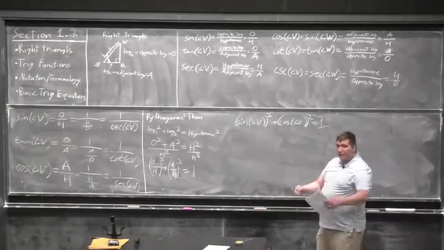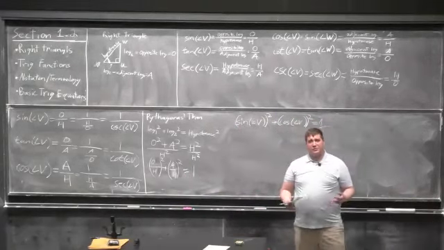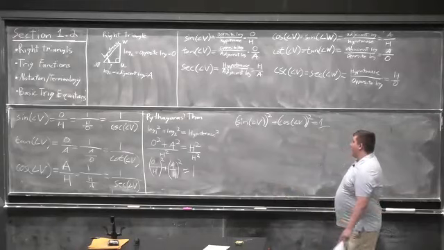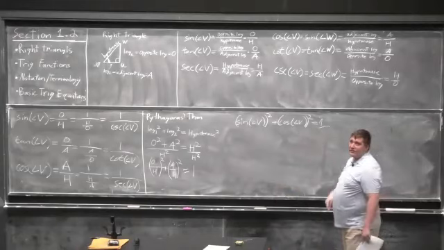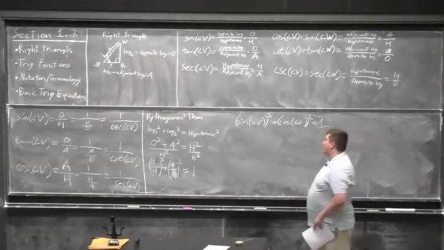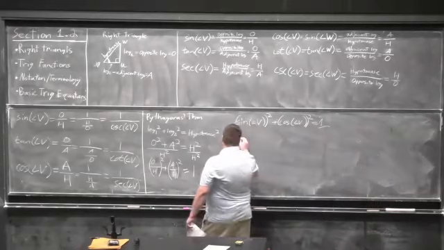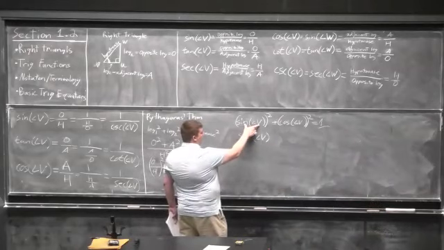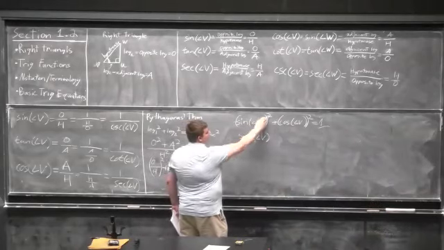Here's another situation where we mathematicians like to be a little bit lazy with notation. I don't want to write these parentheses over and over again. So I'm going to say that sine squared of angle V is the same as sine of angle V, that whole quantity squared.